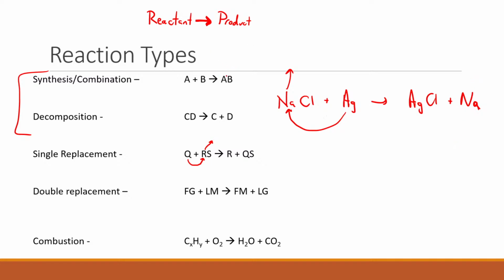Right, and since we're not looking for the way the reaction looks, and we have to focus on what's actually happening in the reaction, it makes it a little bit tougher to keep track of. But if we're looking and we see an element by itself that ended up inside a compound, that's a pretty good indication that we're looking at a single replacement.